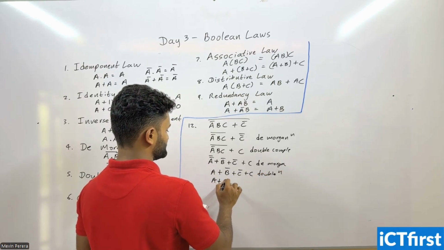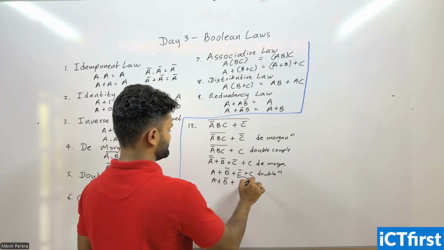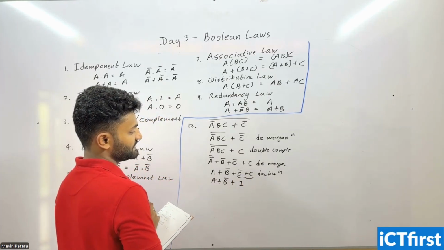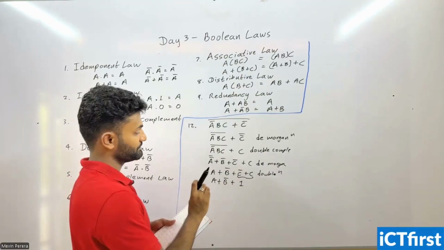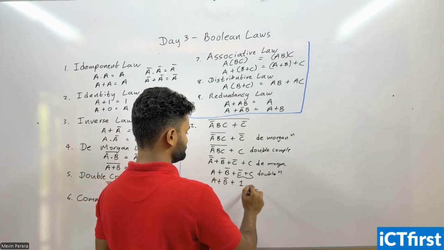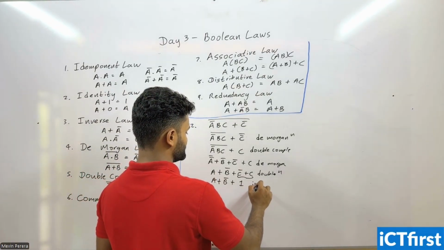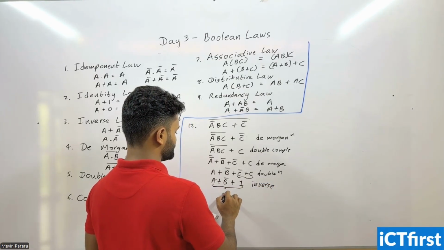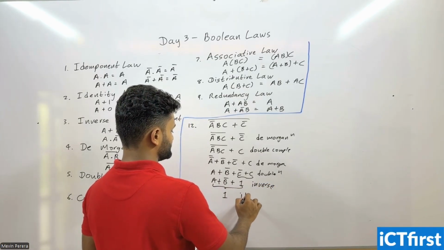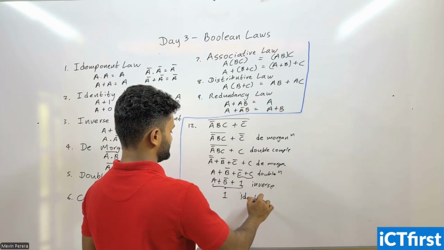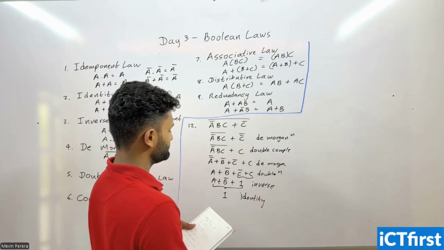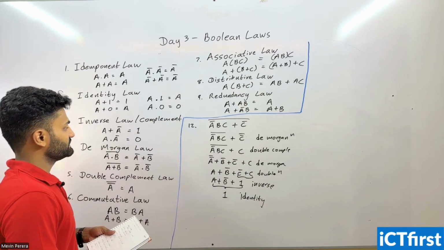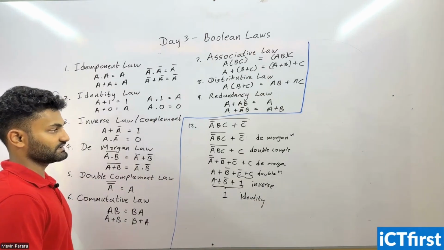Then a plus b bar plus this particular one is equal to 1. C bar plus c is equal to 1. So that is inverse law. Then whole thing becomes 1. That is identity law. Right? So that is the answer which we are getting for the 12th one.